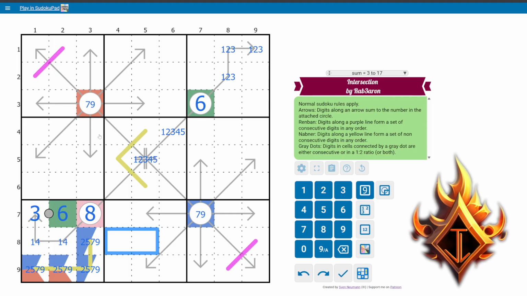That would be just fine, wouldn't it? Okay, if this one is 8, 9. Oh no, that would be alright. That would be 9, and then 8 would be on the arrow.